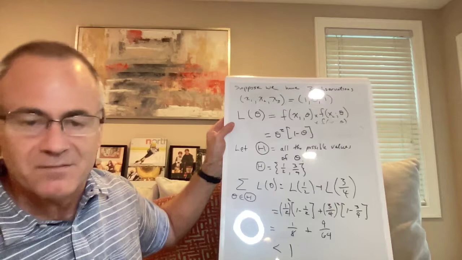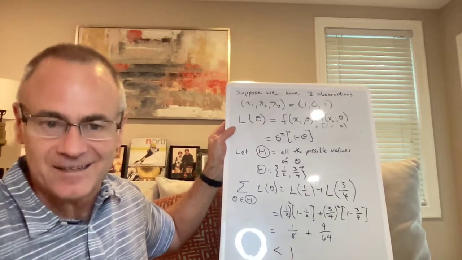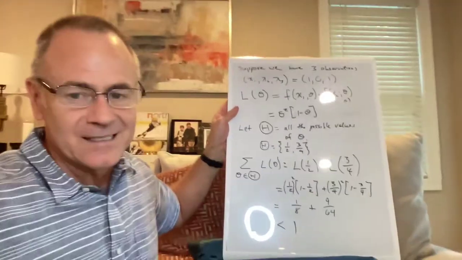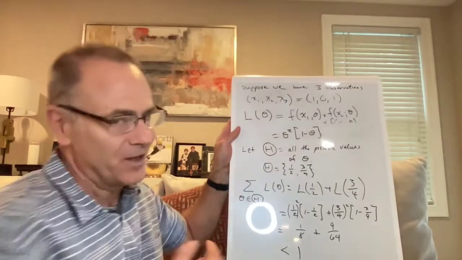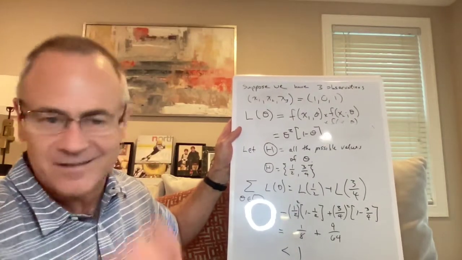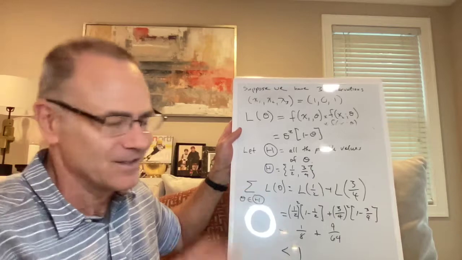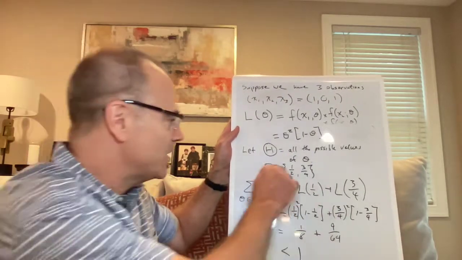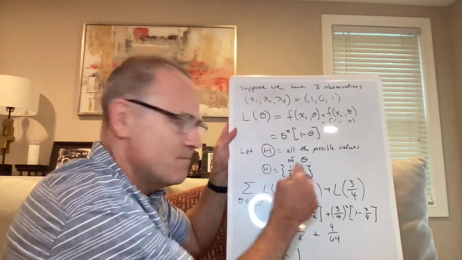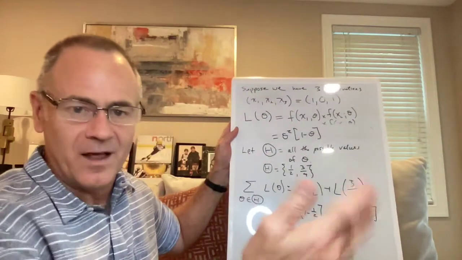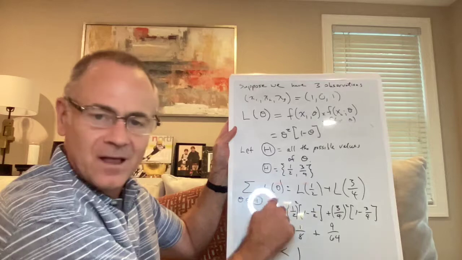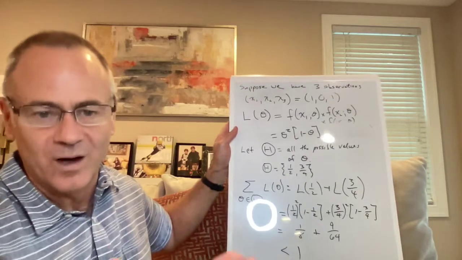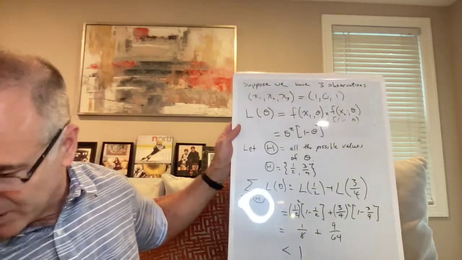The key is, depending on what the genie tells you, that sum will not necessarily be 1, and it almost surely will not. The genie would have to pick them just right. So usually, when the genie picks the possible values of theta, the sum of the likelihoods of the rival hypotheses is not going to equal 1, and that's what Flew means when he writes that.